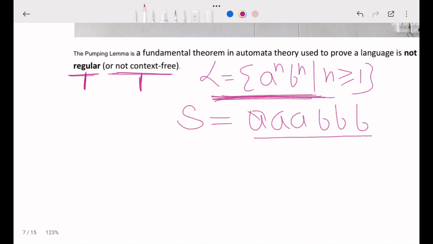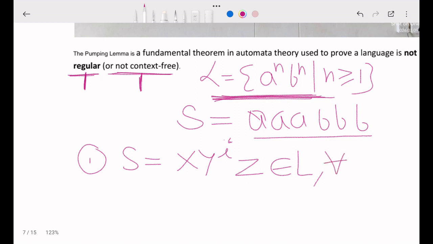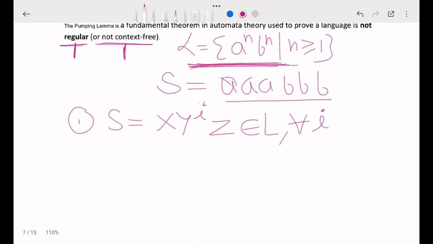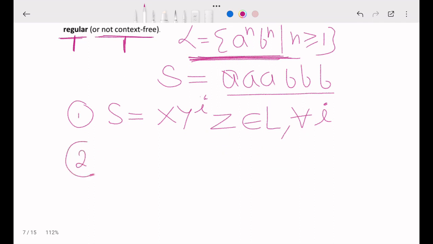what is the meaning of this? Rule number 1: as I am able to divide this in 3 parts, x y^i z belongs to my language for every value of i. Rule number 2: the length of y must be greater than 0.